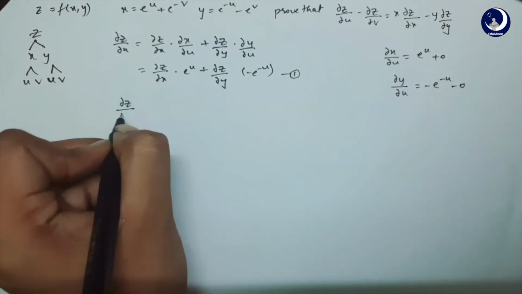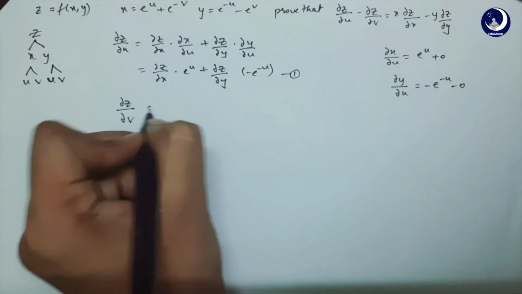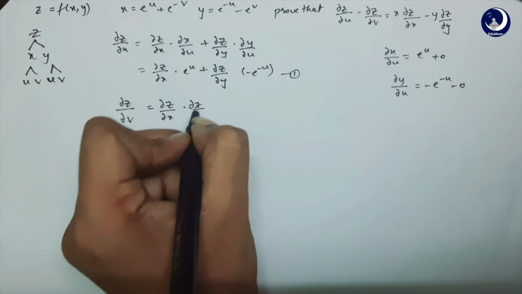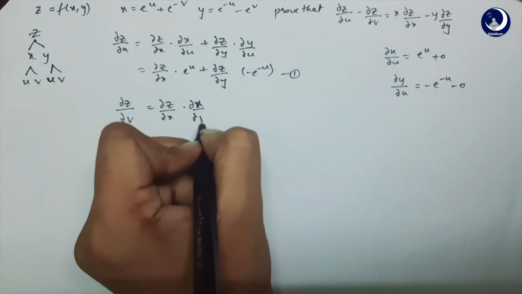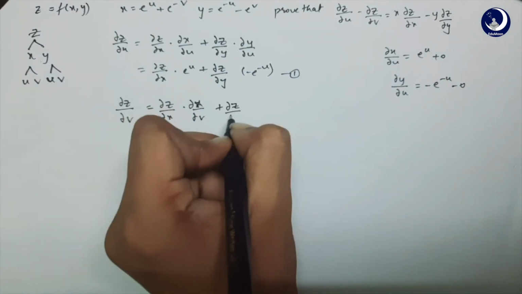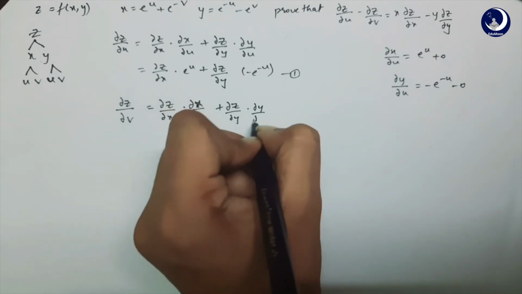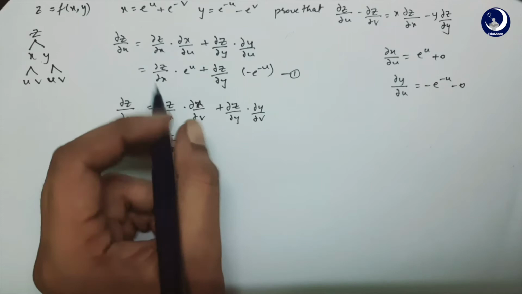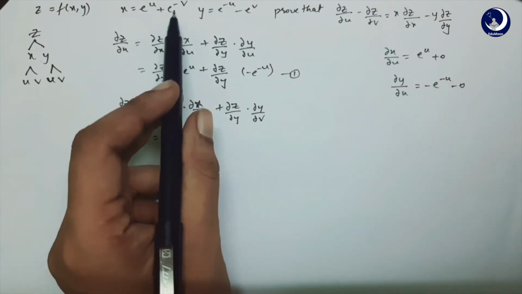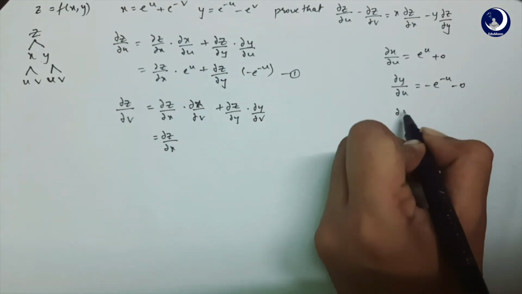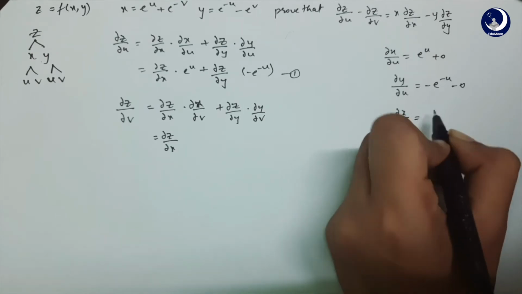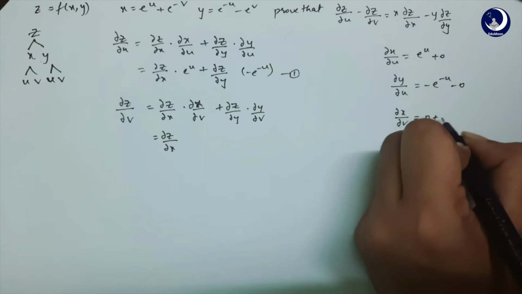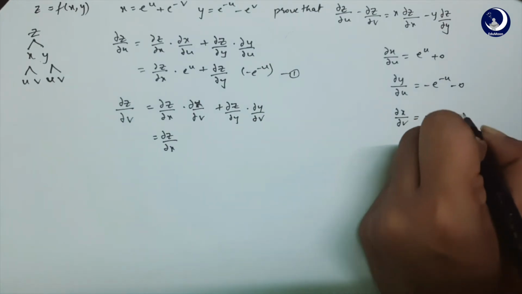Similarly, ∂z/∂v would be ∂z/∂x into ∂x/∂v plus ∂z/∂y into ∂y/∂v. We write this as it is, and differentiate this equation with respect to v. So ∂x/∂v equals, u is treated as constant, so that is 0 plus minus of e power minus v.